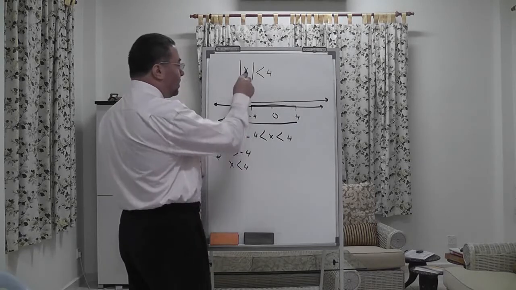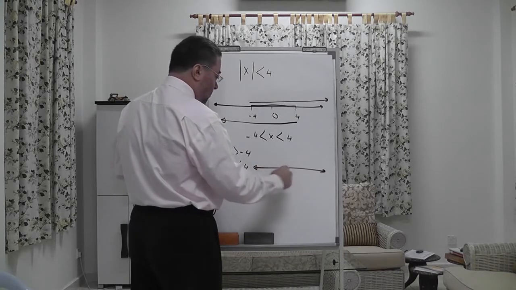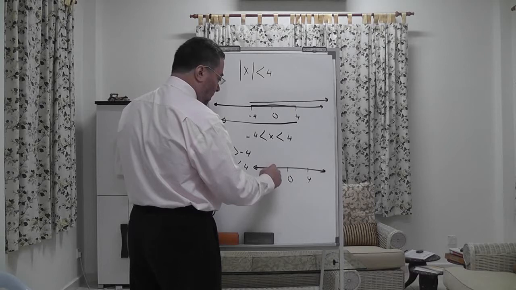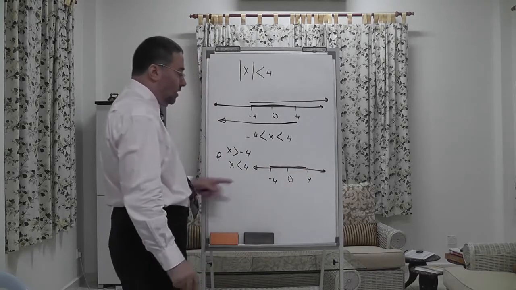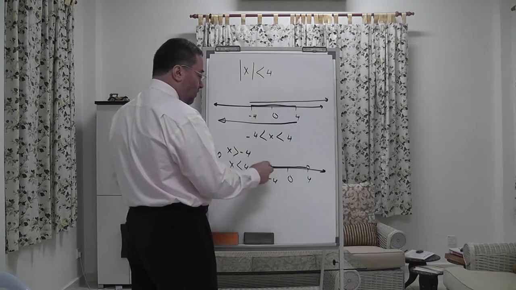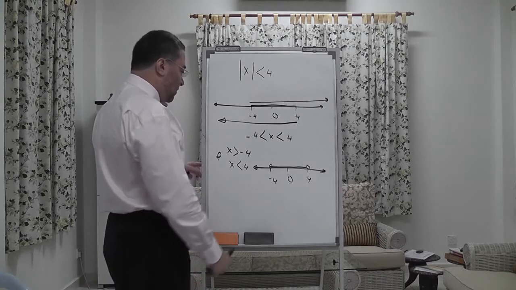So the answer for this inequality is x between minus 4 and 4, and at 4 and minus 4 we have open circles because these are not included in the solution set.